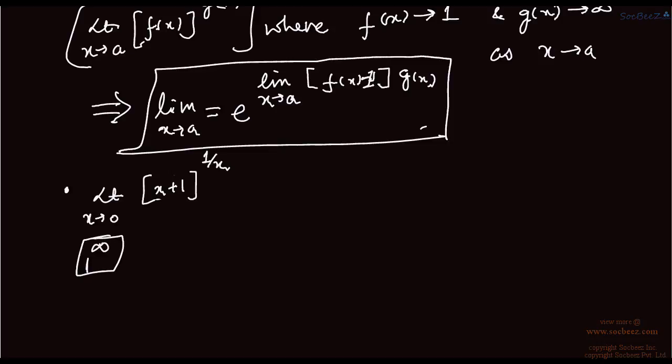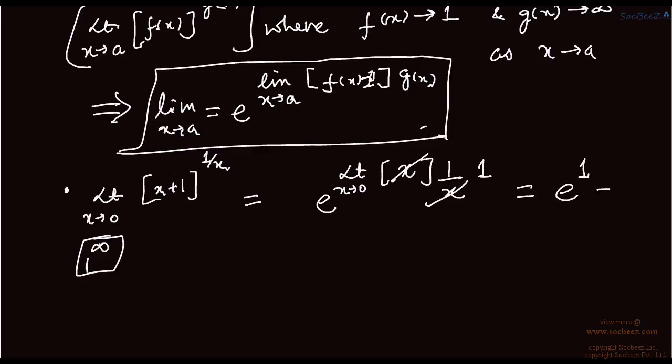So how to solve it? We will solve it using this. What is e to the power limit x tending to 0? This limit will be equal to f(x) minus 1. What is f(x) minus 1? x plus 1 minus 1, that will be x, into g(x). g(x) is 1 by x. So this turns out to be 1. And limit x tending to 0 of 1 will be a constant, that is 1. So this will be e.